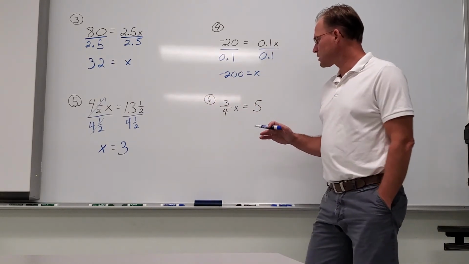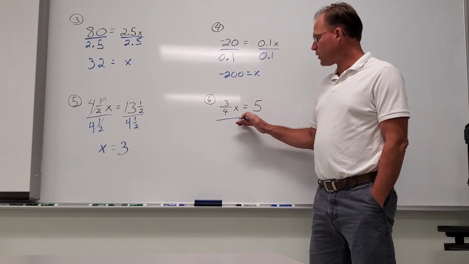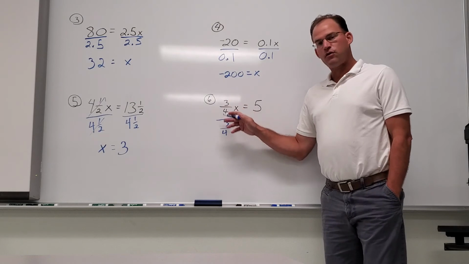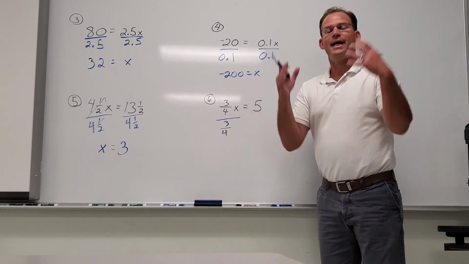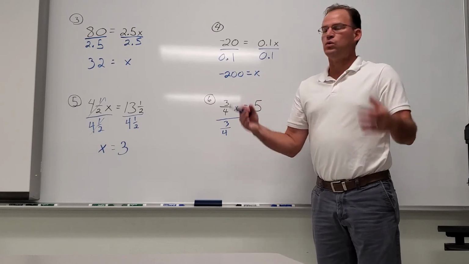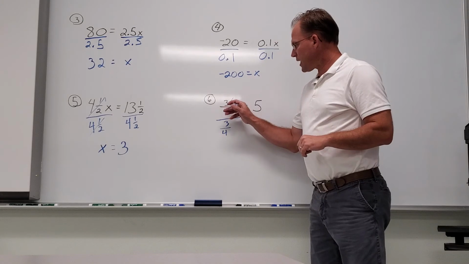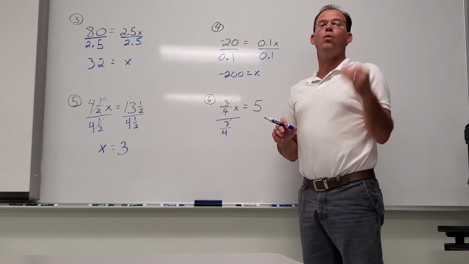Number 6, here's the variable, so it's 3/4 times x. I'm going to divide by 3/4. 3/4 divided by 3/4 is 1. Anything divided by itself equals 1. That's what we've done on all of these equations today. Understand, anytime you divide something by itself, it will always equal 1.